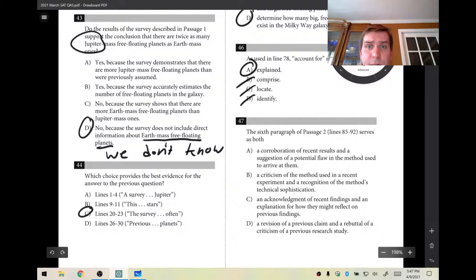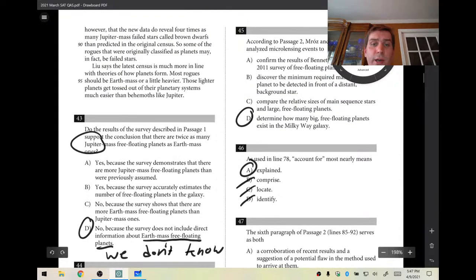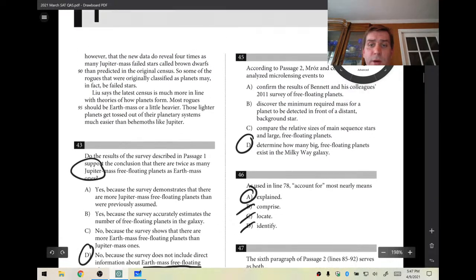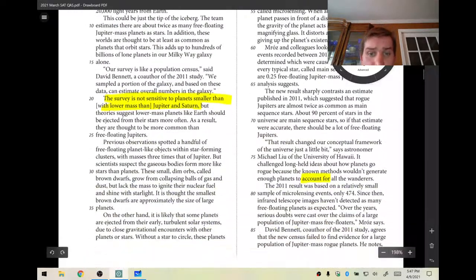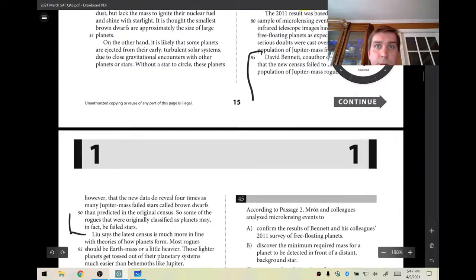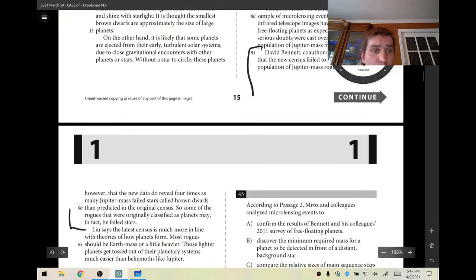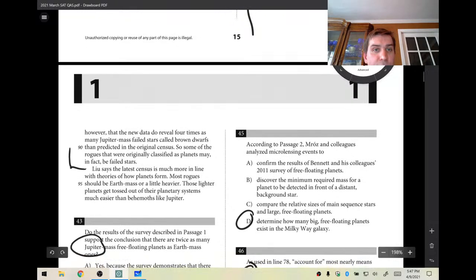Let's try 47. The sixth paragraph of passage 2, lines 85 to 92 serve as what? I'm just going to count 85 to 92. So this is this paragraph right here. He notes, the new data do reveal 4 times as many Jupiter mass failed stars called brown dwarfs than predicted in the original census. So some of the rogues that were originally classified as planets may in fact be failed stars.